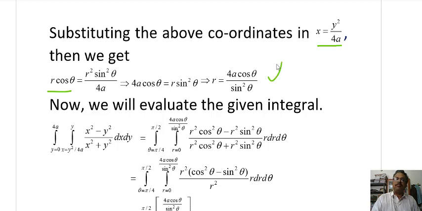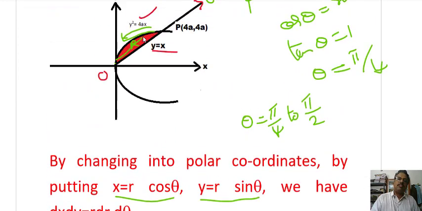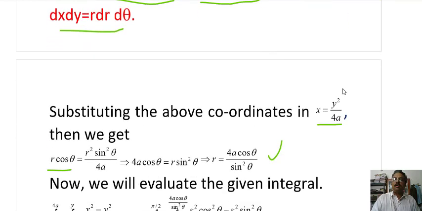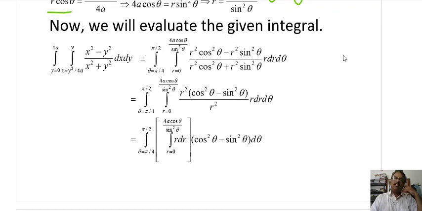So r becomes 4a cos theta by sin square theta. Initially the radius vector is 0 and it moves on this curve, so r varies from 0 to 4a cos theta by sin square theta.